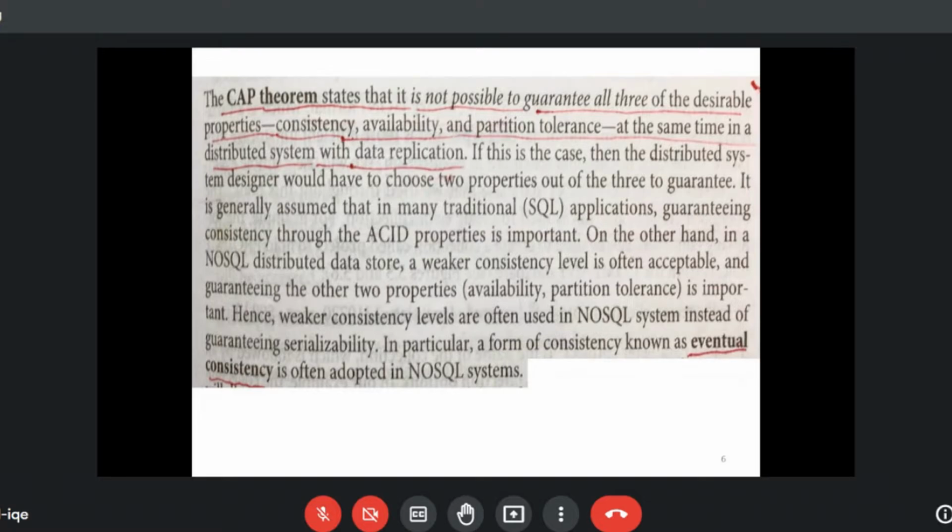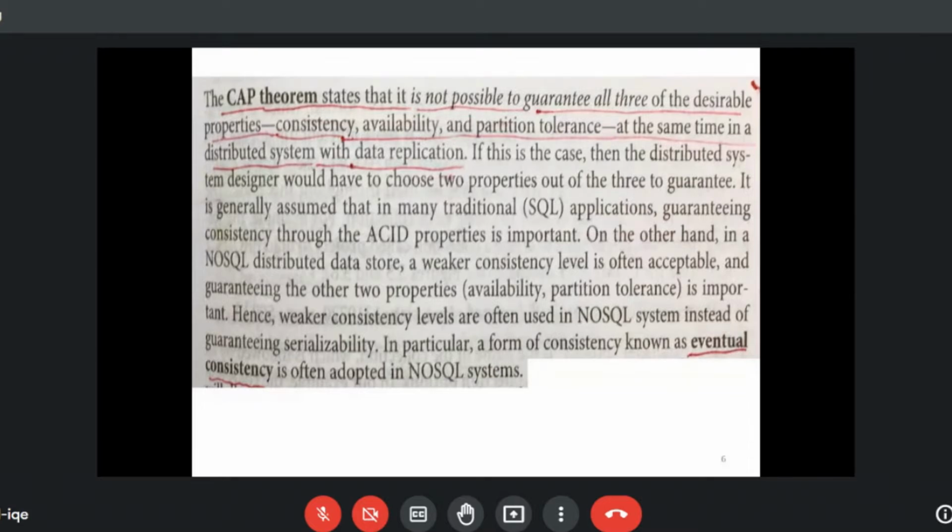guarantee. It is generally assumed that in many traditional SQL applications, guaranteeing consistency through ACID properties is important. On the other hand, in NoSQL distributed stores, a weaker consistency level is often acceptable, and guaranteeing the other two properties, availability and partition tolerance, is important.